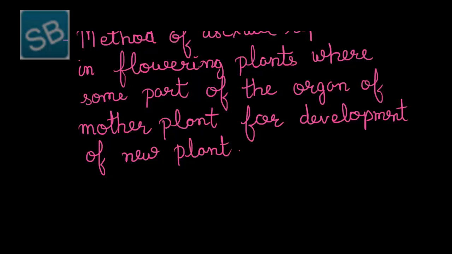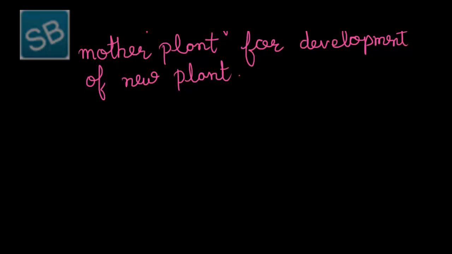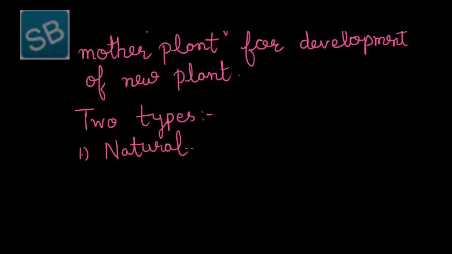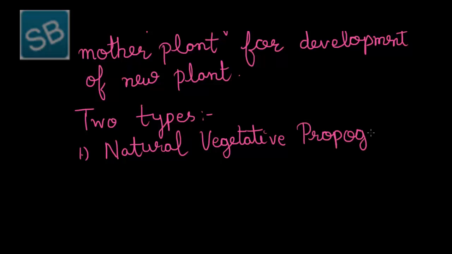Now, the methods of vegetative propagation are mainly of two types. First, natural vegetative propagation, and second, artificial vegetative propagation.